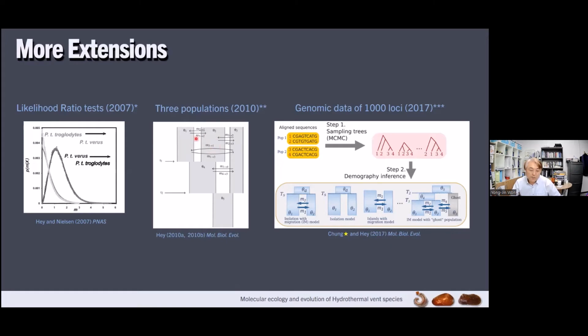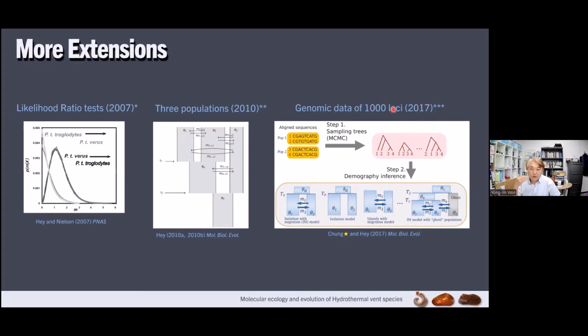So it becomes more realistic in including the real situation. And recently, Eugene Chung and Jody Hey, Eugene Chung is now here with us, developed another extension. Thanks to this recent development, we can now use more than around 1,000 different genetic loci of DNA data.